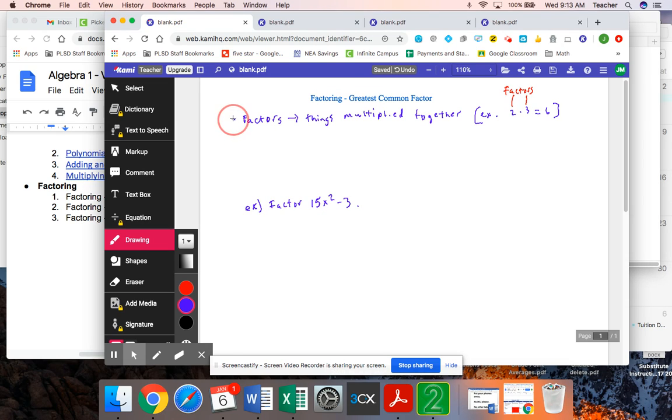Now we're going to get a little more interesting than just straight numbers here, but when you are factoring, it's the process of writing things out like they're being multiplied. It's the process of writing out these factors.